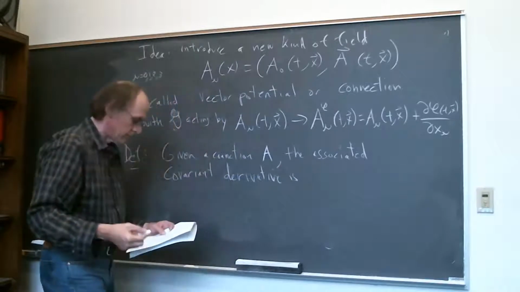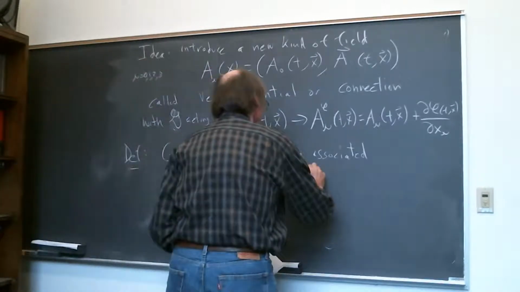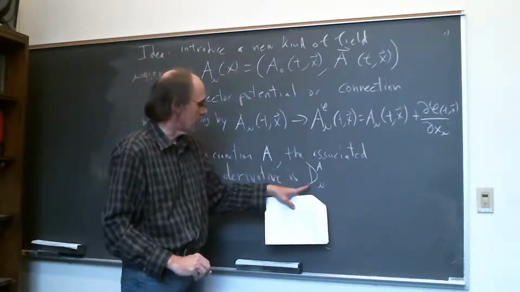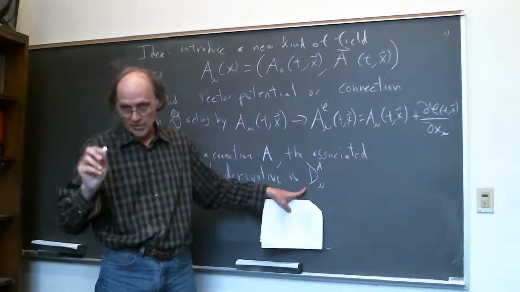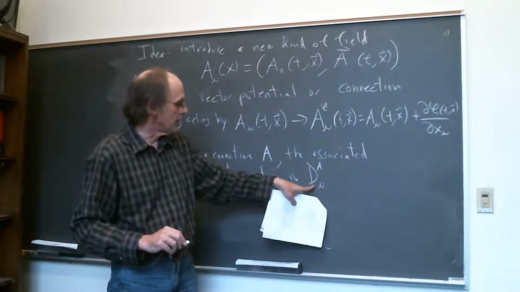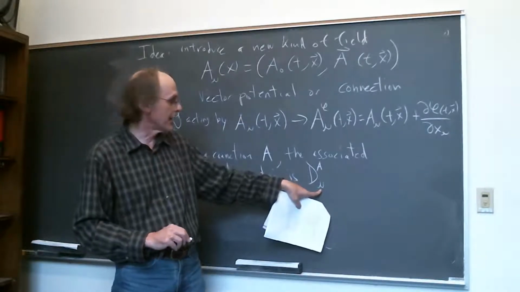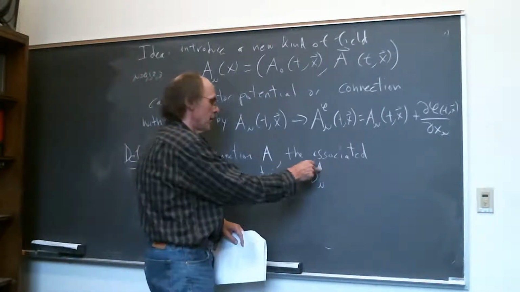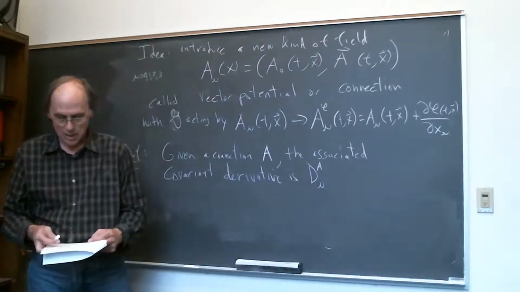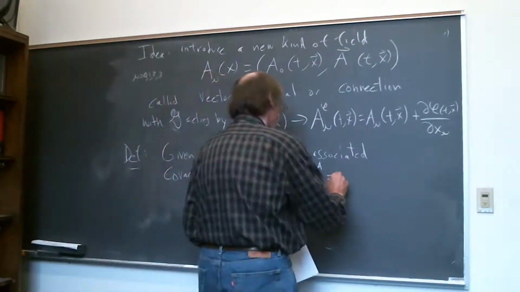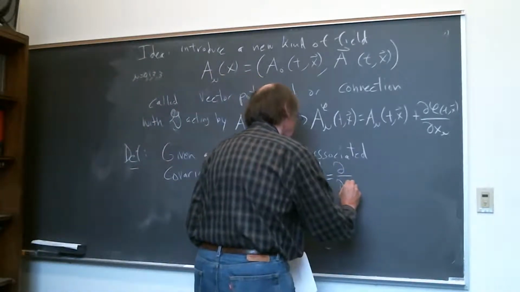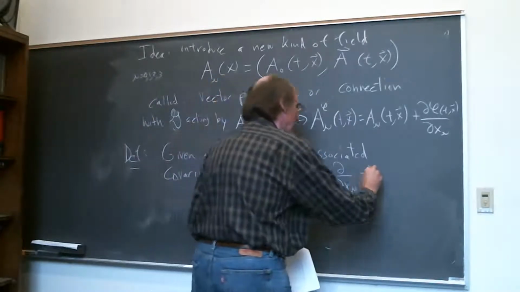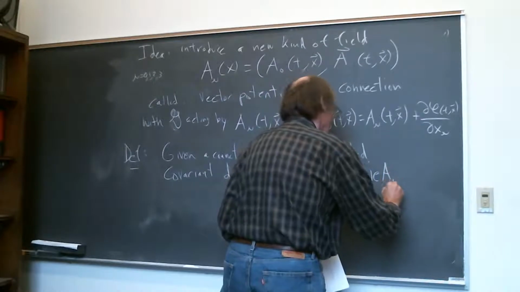It's going to be a replacement for the usual derivative, and it's going to have the direction you're differentiating in, but we're going to use a big D instead of a curly ∂, and put an A to say what the connection is. It's just going to be the usual derivative minus i e A_μ.